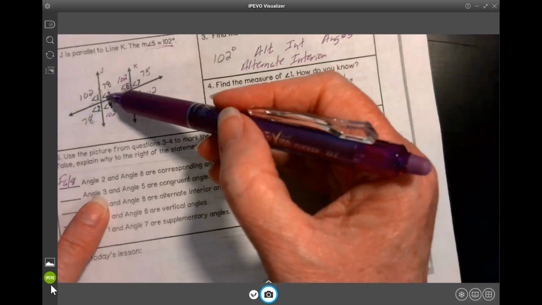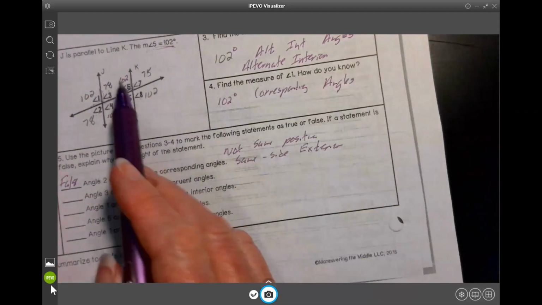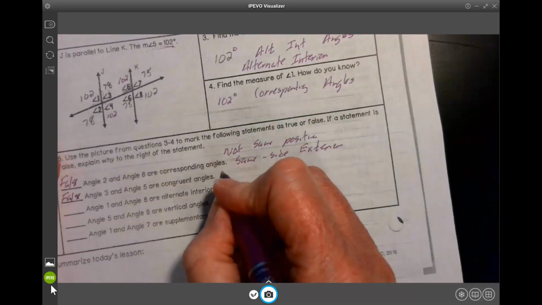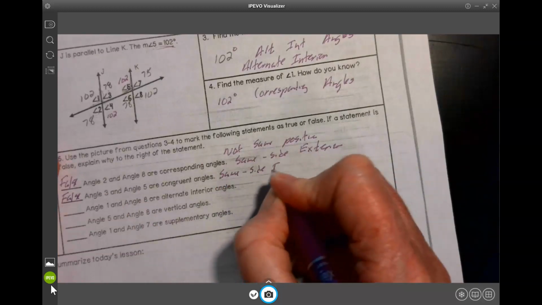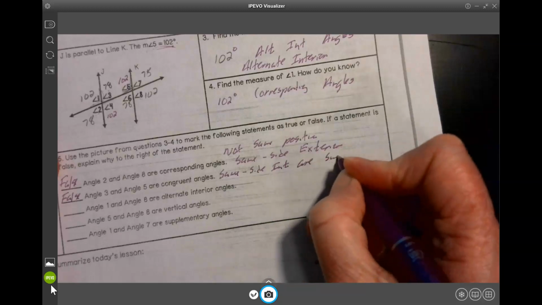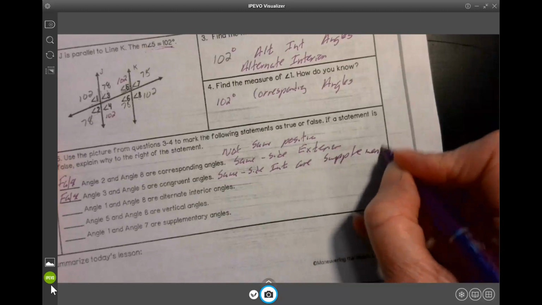Angle 3 and angle 5 are congruent angles. Angle 3 and angle 5, congruent angles? False. Why? Because these are same side interior. Same side interior are supplementary, not congruent. Okay?